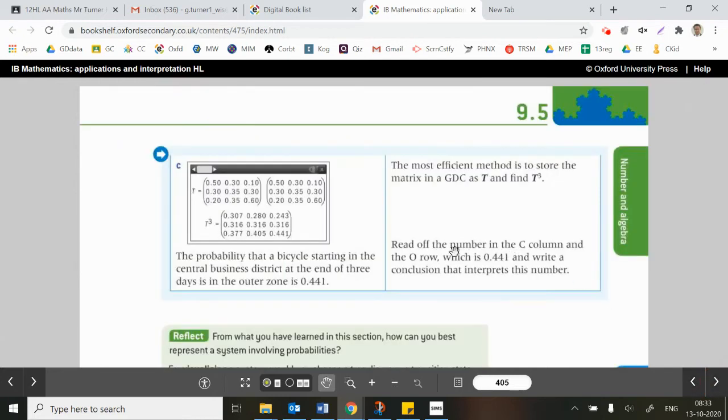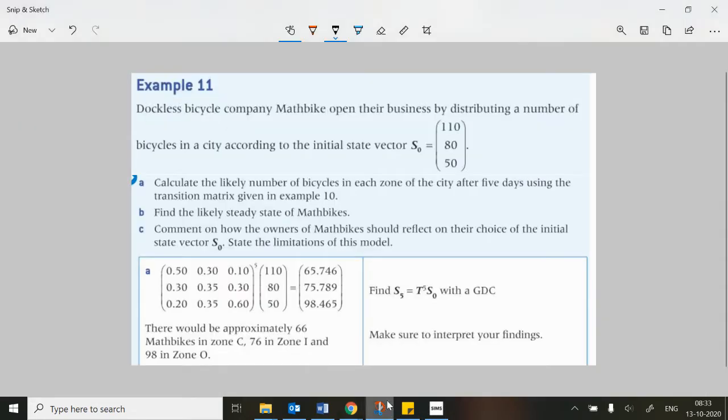Now, what we're going to do in 9G is raise this to the power of maybe 50, or potentially a very high power, to see what we're tending towards. And we're going to apply this to a particular initial vector.